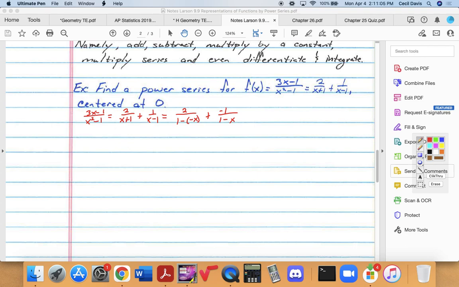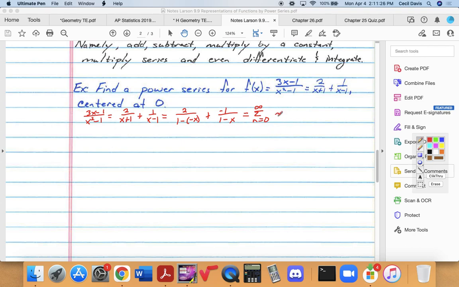So I've got two different expressions that I can write both of them as series. And since it has the same starting value, starts at 0, goes to infinity, I can just add them together. So this would be the summation as n goes from 0 to infinity.